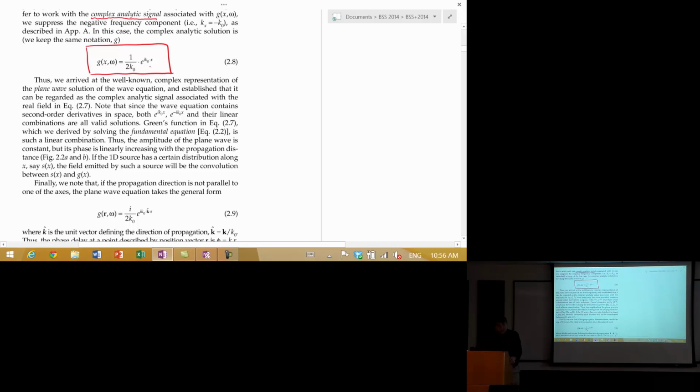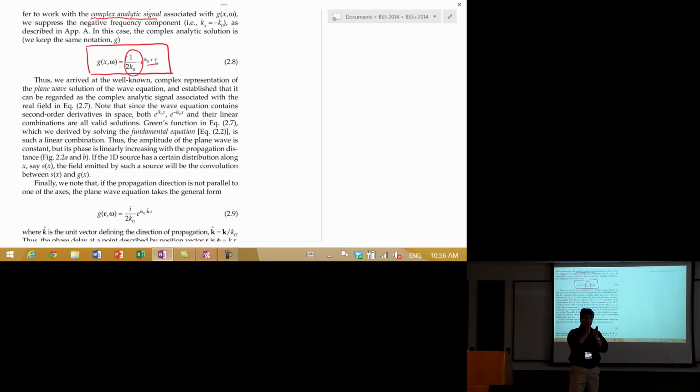And this is what we call a plane wave. Why do we call it plane? Well, there is no x dependence in the amplitude. There's an amplitude and there is a phase. The amplitude is constant, meaning the wave is propagating in x, there is no decay of the amplitude. And then there is no y and z dependence, which really means it's flat, plane.